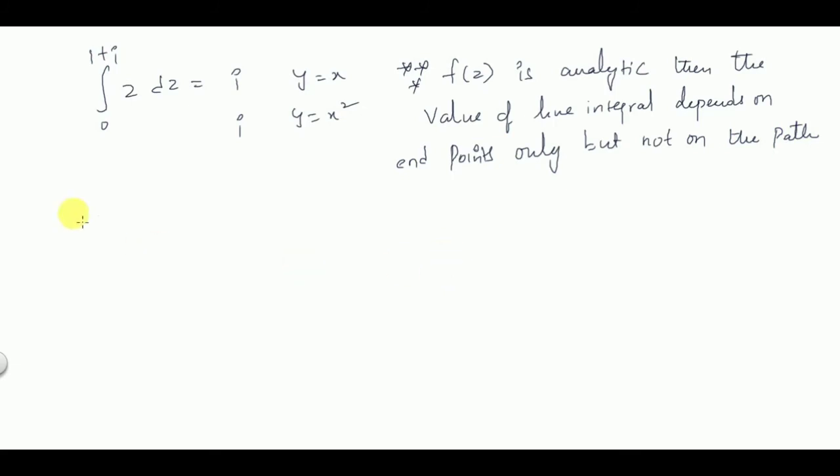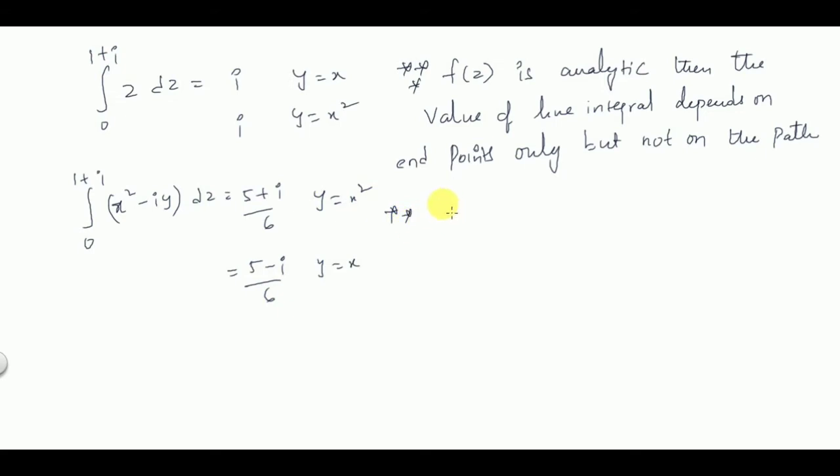Okay, so in the previous video I took one more example, the integral of x square minus i y dz, and I got 5 plus i by 6 and 5 minus i by 6. So 5 plus i by 6 I got for y is equal to x square, and for y is equal to x I got this.